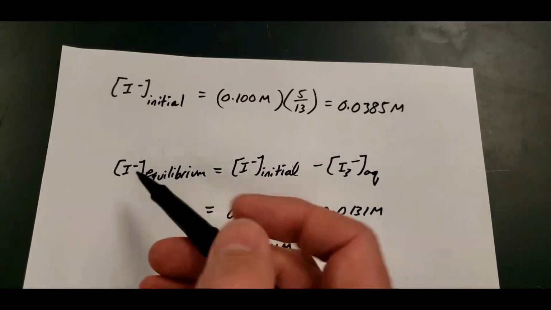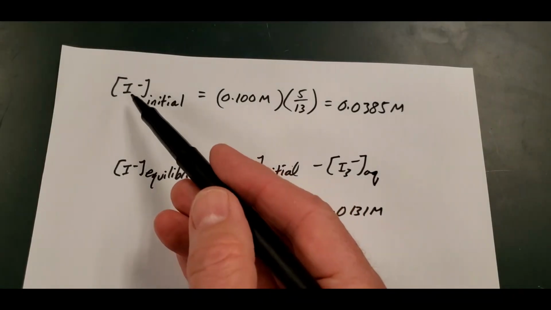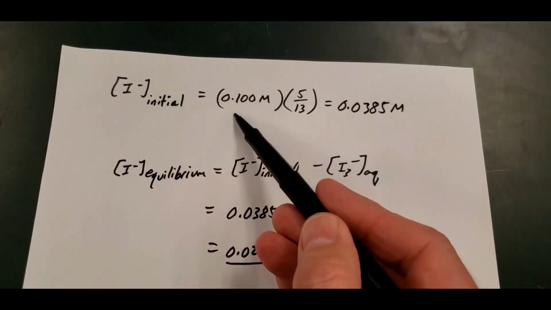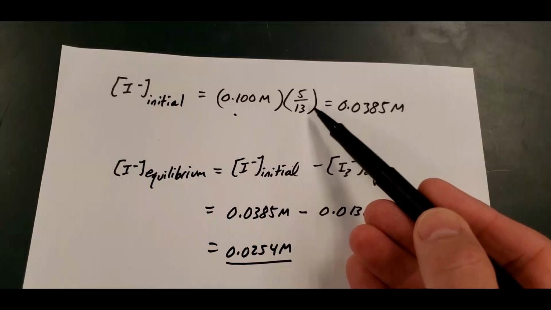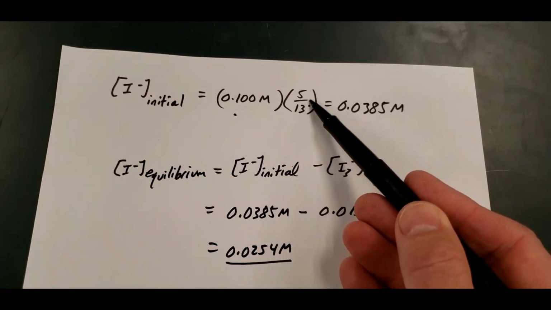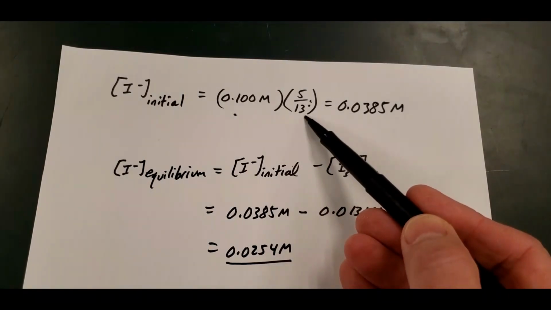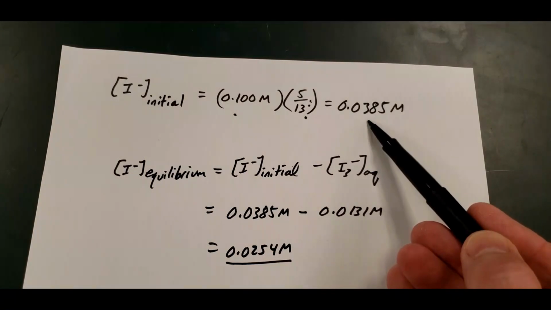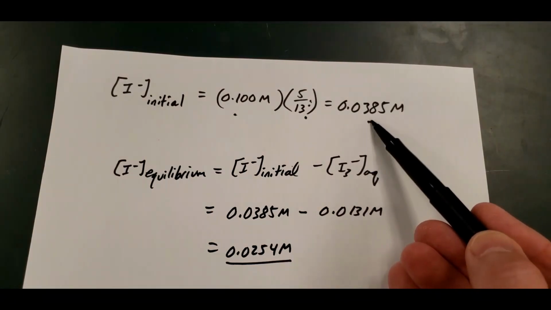Okay, we're almost there. Now we need the initial concentration of the iodide. It was 0.1, but then we took 5 mL of it and diluted it to 13 mL, so this is the initial concentration of the iodide.